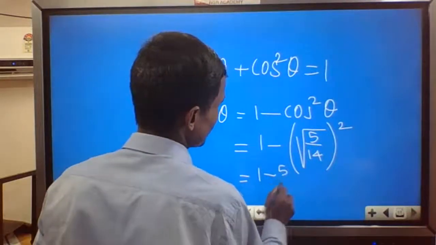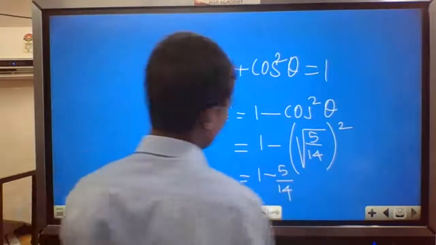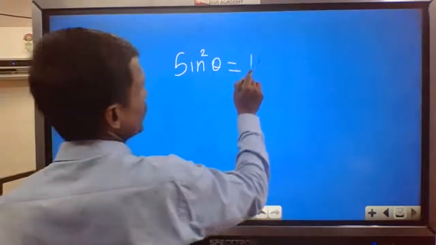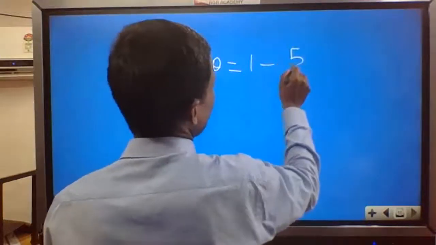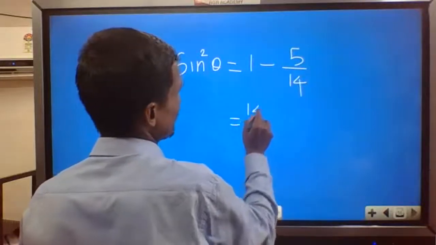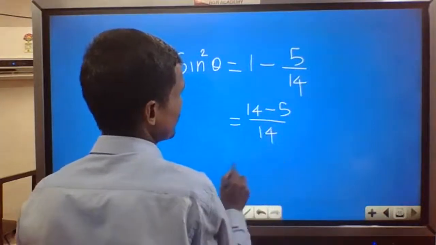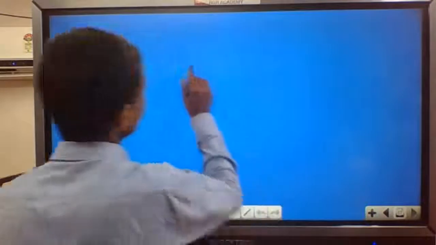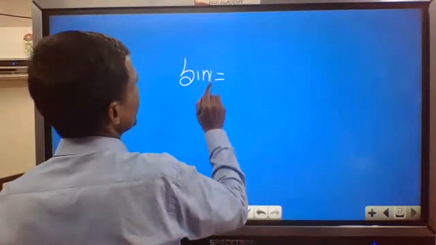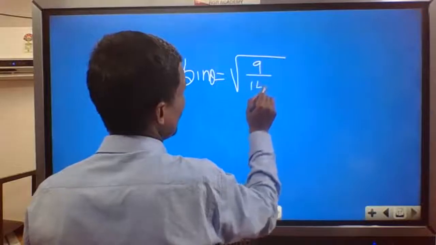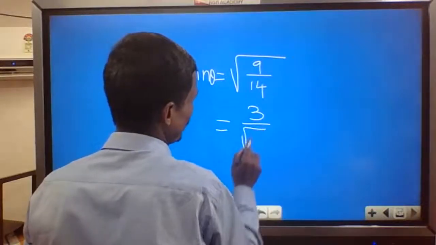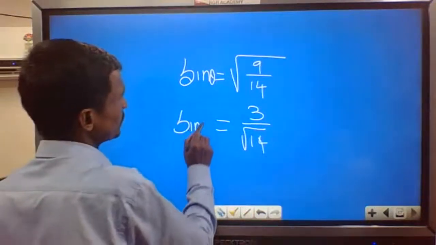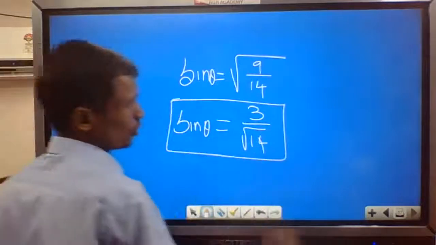Therefore 1 minus 5 divided by 14, which is 14 minus 5 divided by 14, therefore 9 divided by 14. But we want sin theta, root of 9 divided by 14. Therefore, 3 divided by root 14. So sin theta equal to 3 divided by root 14.